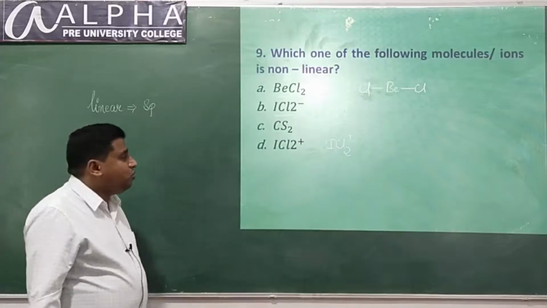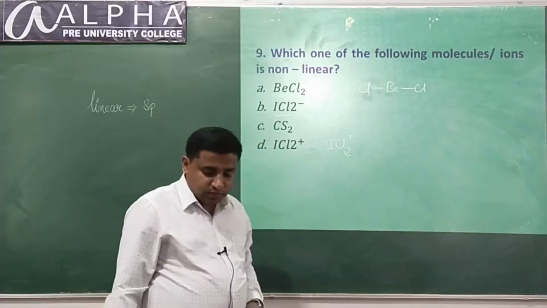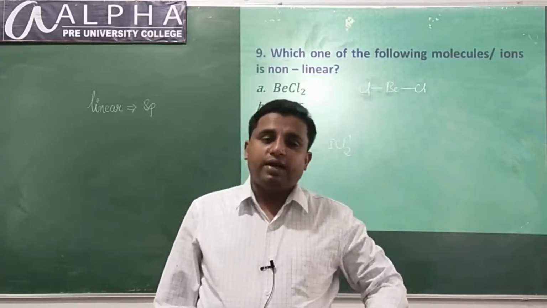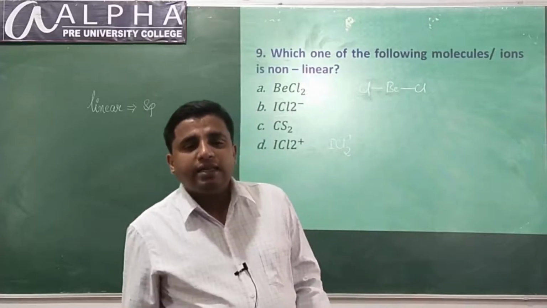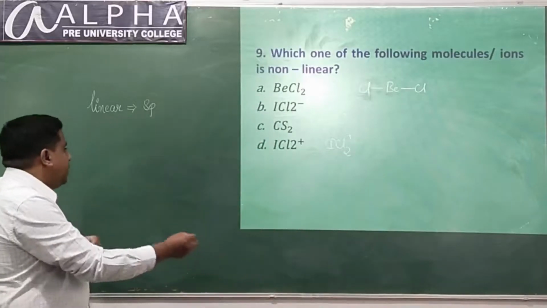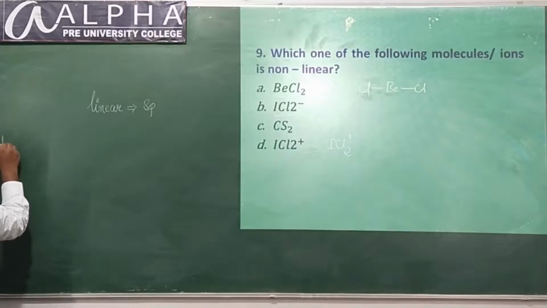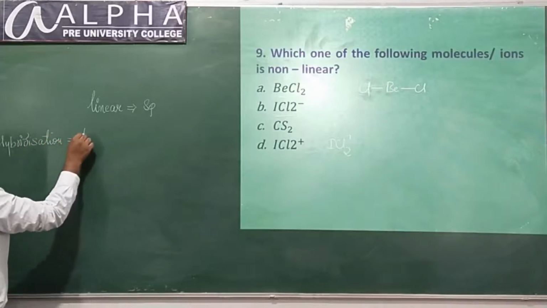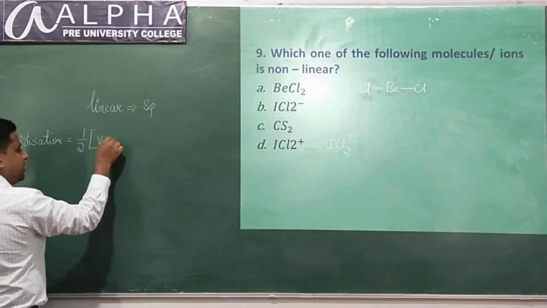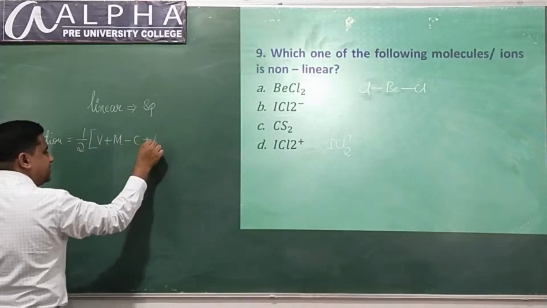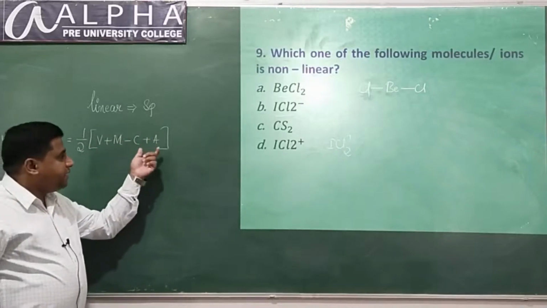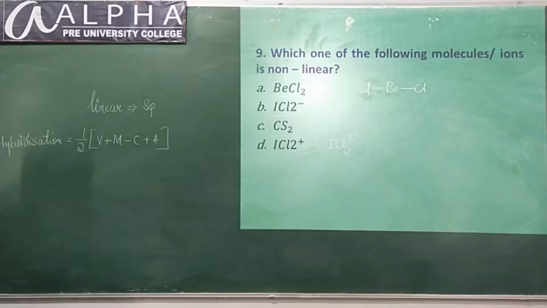Students, what about the hybridization of the other species? If you don't know the hybridizations of the other species, please calculate the hybridization. We have a formula to calculate the hybridization. To calculate hybridization, we can use this formula: half of V plus M minus C plus A. What is V?